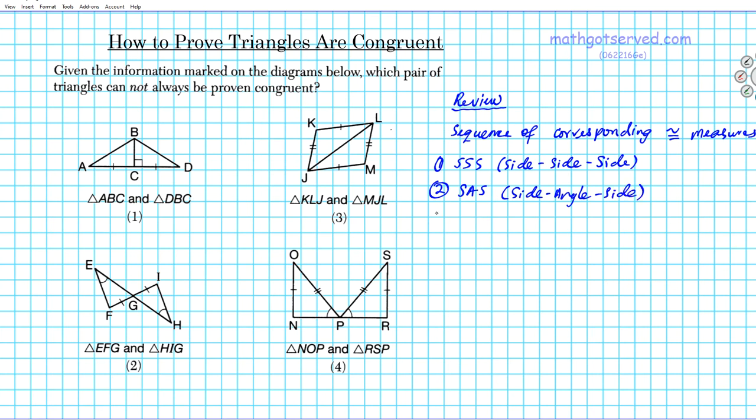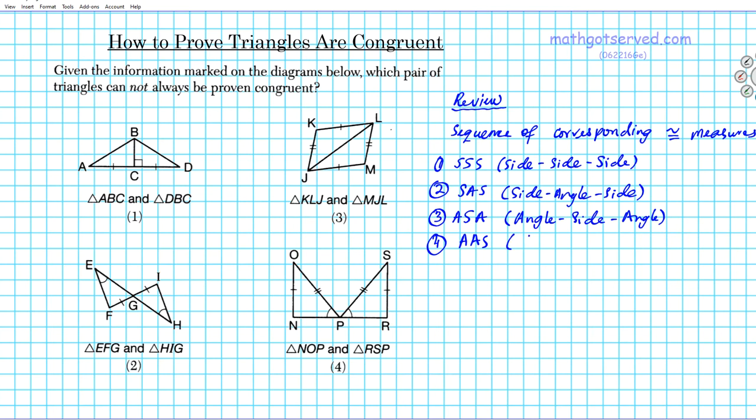You can use angle, side, angle, ASA. In this particular case, the side has to be in between the two angles. And then lastly, you can use angle, angle, side.